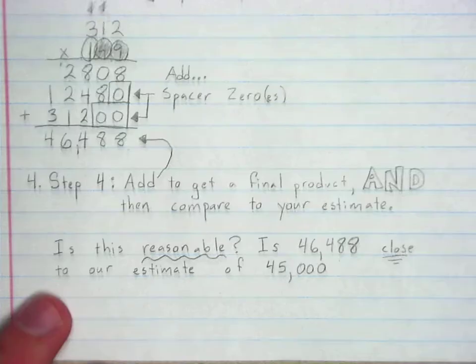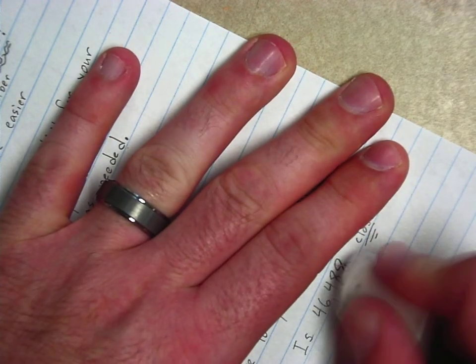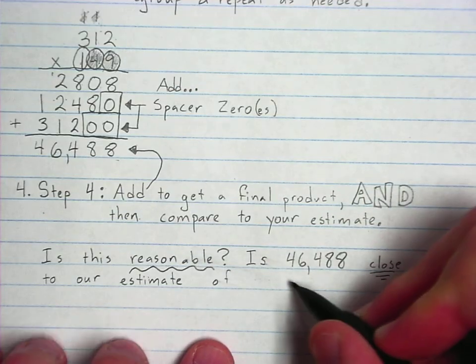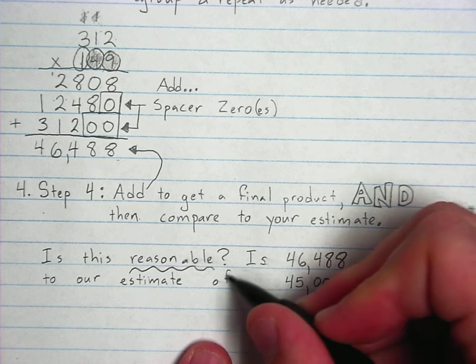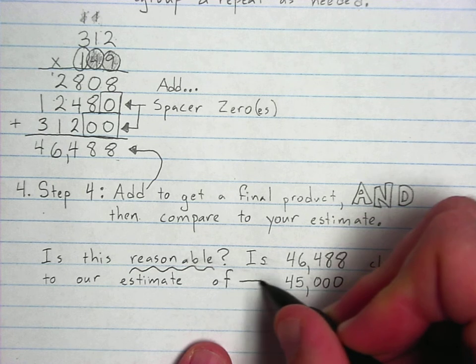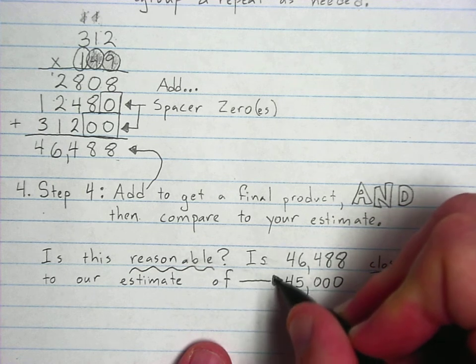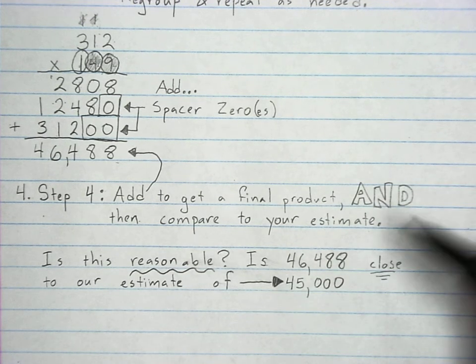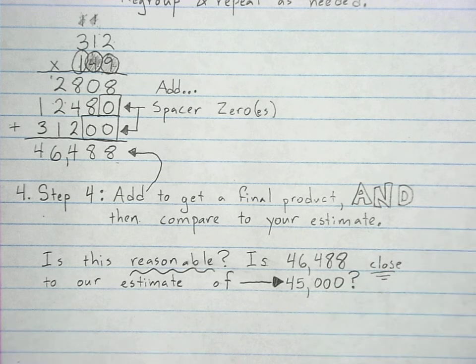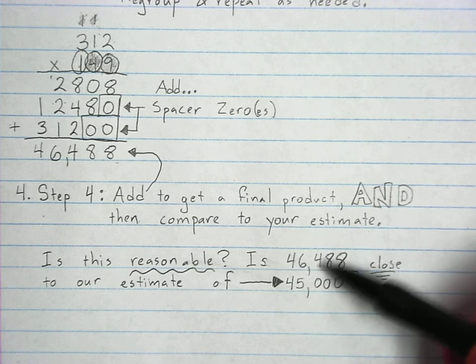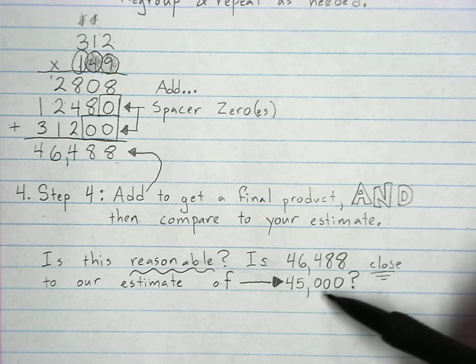And you know what? I'm going to make this even more obvious. I'm going to scoot it over a little bit and write it right underneath. Remember, the estimate was 45,000. Gives me an excuse to draw another arrow, and you folks know how much I love that. Would you say that these two are close? 46,488, 45,000.